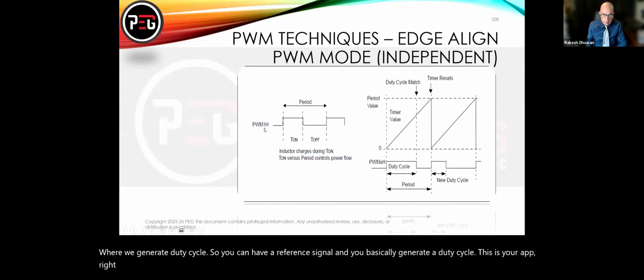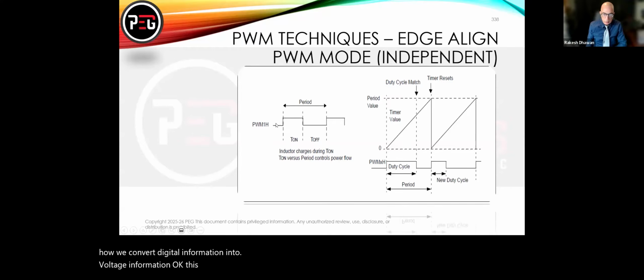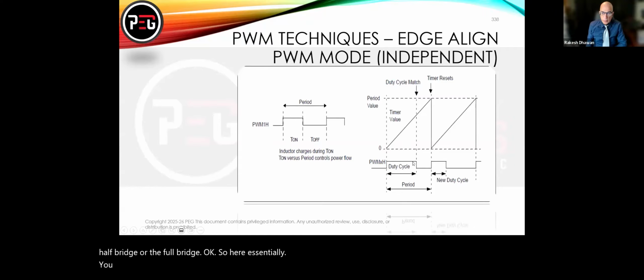Normally when you're generating a duty cycle, you have a period and you have an on time and an off time. This is how we convert digital information into voltage information. This is our key to convert digital information into voltage information using the inverter, using the half bridge or the full bridge. So here essentially you can generate a duty cycle.